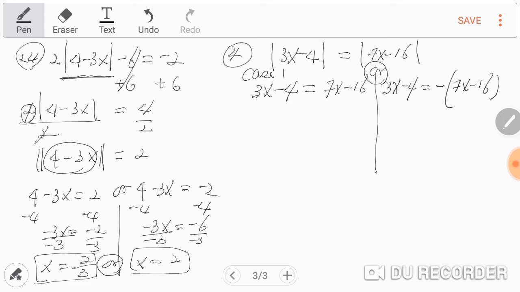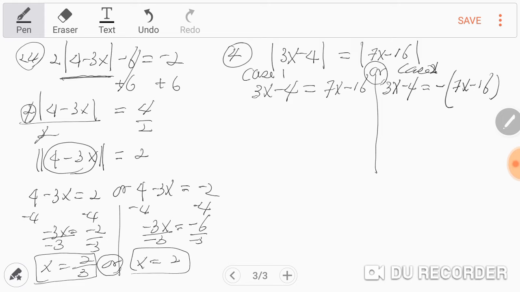So there are two equations. One is to remove the absolute value symbol from each side. The other equation, case 2, is to remove the absolute value symbol as well, but put a negative sign on one of the two sides of the equation.